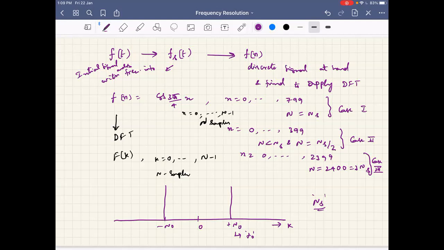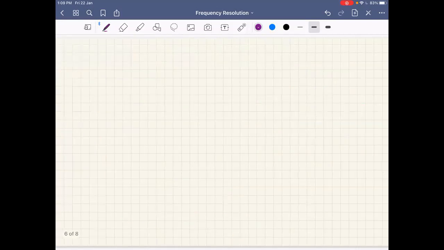So now let us take case 1. Now f of n is equal to cos 3 pi by 4 into n, where I have taken the number of samples equal to Ns. We already know Ns.